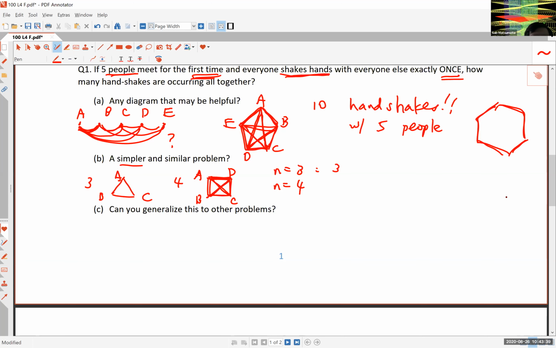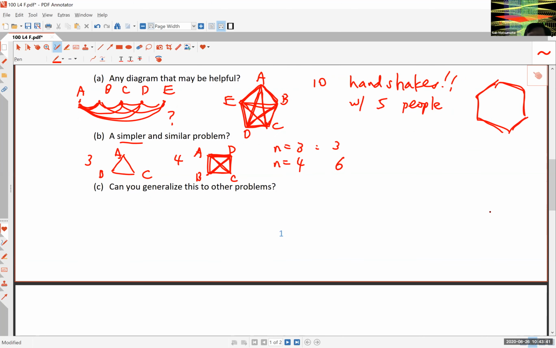The way you think about this is this. Let's say you have 5 people. Here's the way in which we drew these edges or lines. If you have 5 people, each person has to shake hands with 4 other people, right?